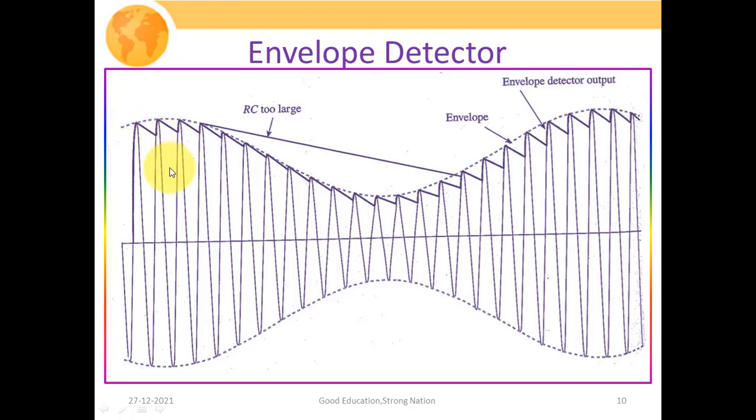Then again, in the next negative half cycle of the carrier signal, our capacitor will soon discharge. So if the discharging time is too low, we will obtain a higher number of ripples, which is undesirable.